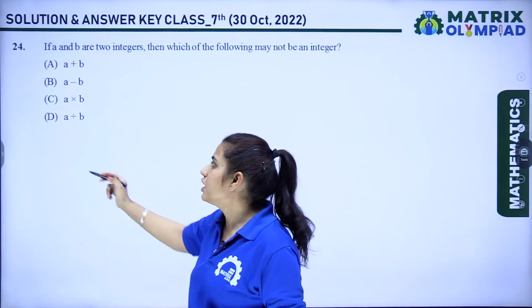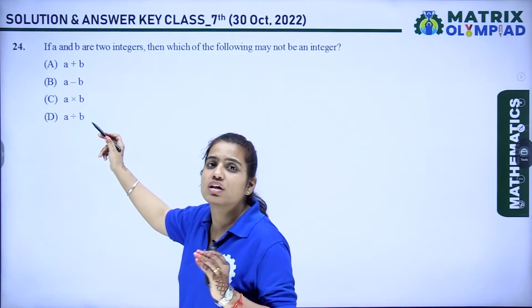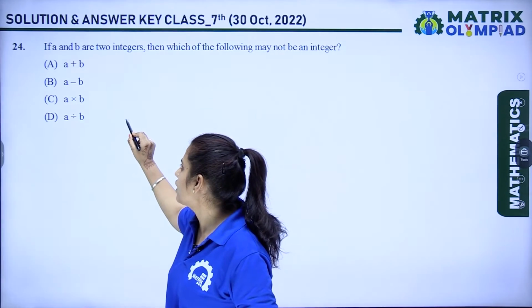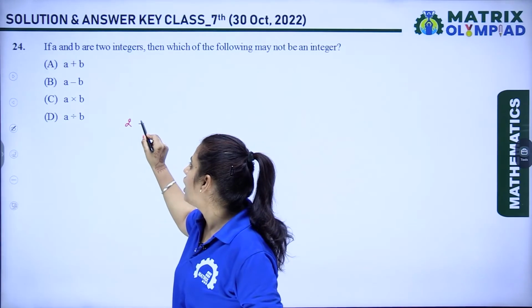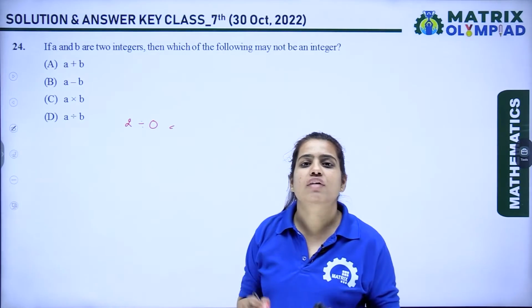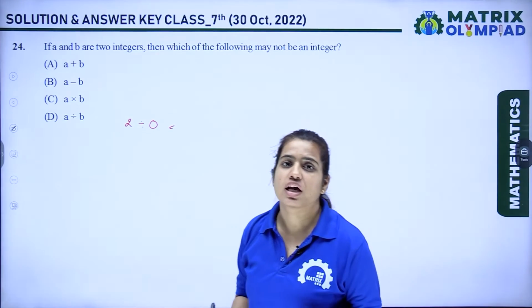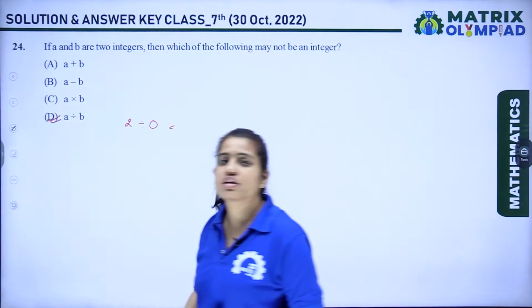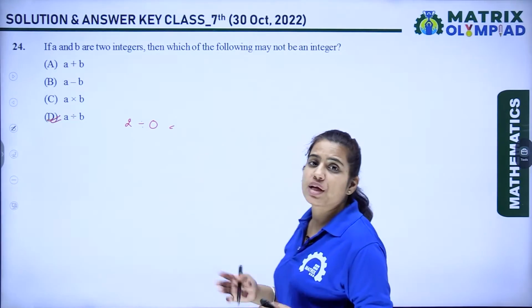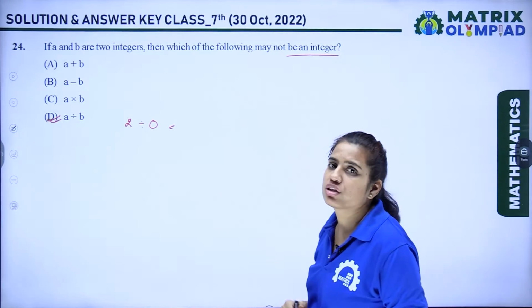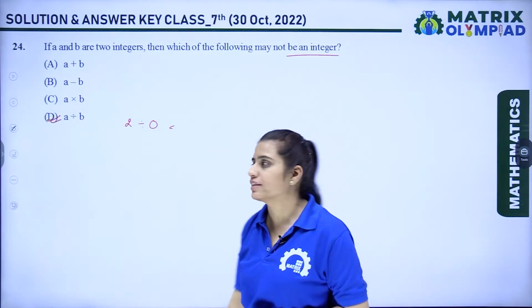But in option D, A divided by B, if B is 0, whatever the value of A, let A be 2 and B be 0, then it will not give us an integer. So option D is the correct answer, as it may or may not be an integer.